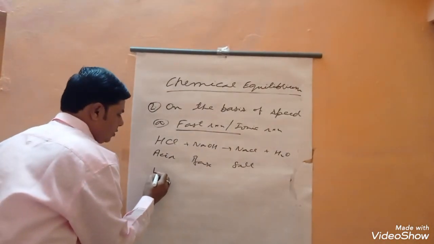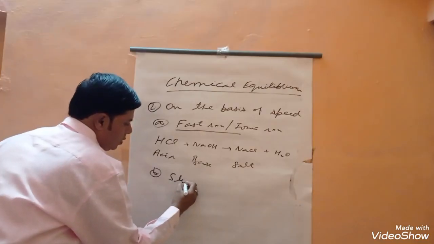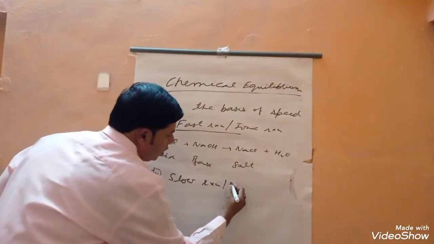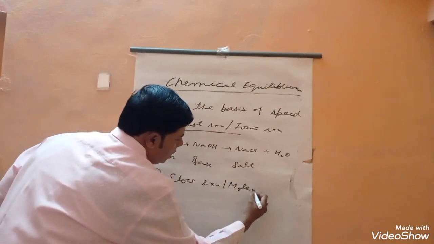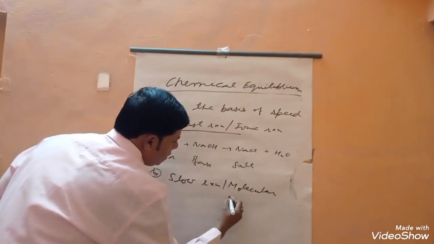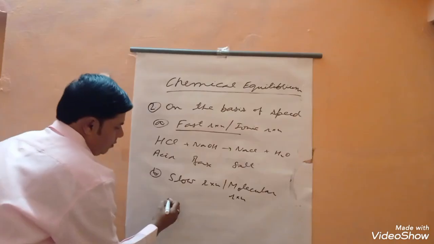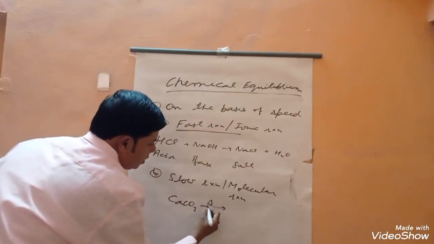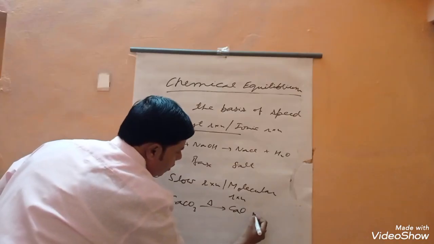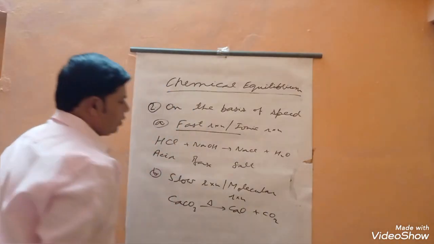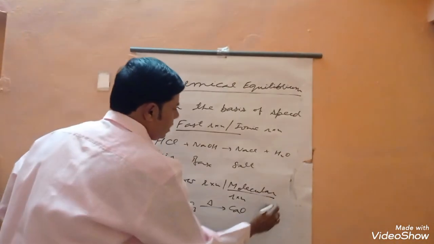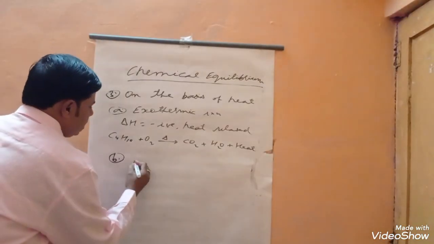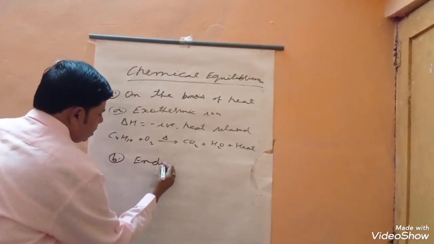B point is slow reaction, also called molecular reaction. For example, CaCO3 gives CaO plus CO2. So this is the molecular reaction. B point, endothermic reaction.